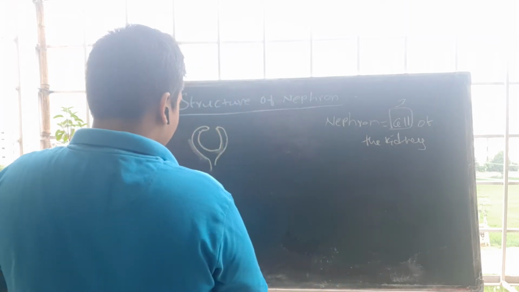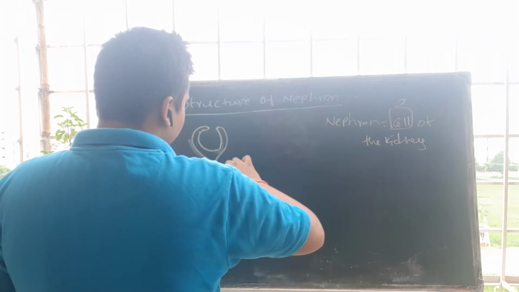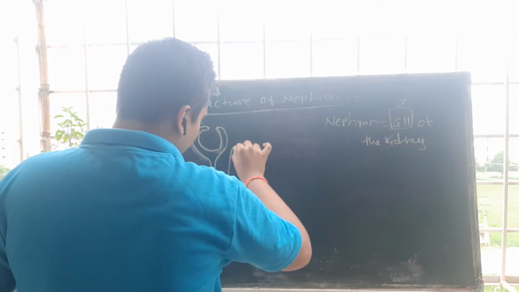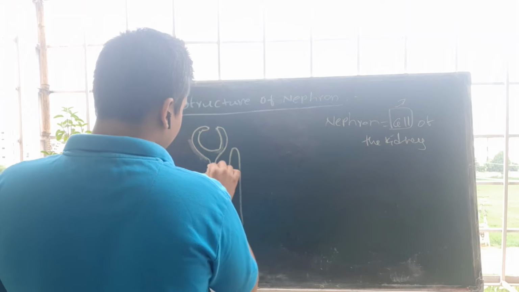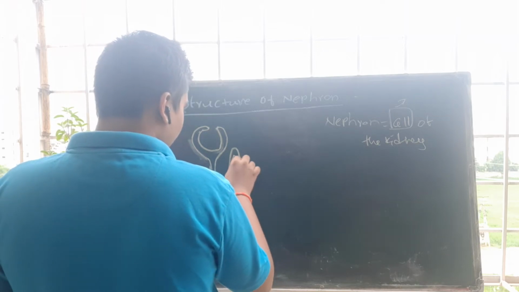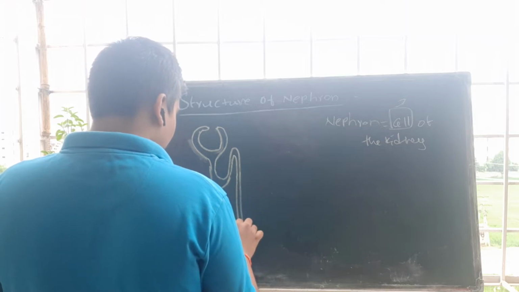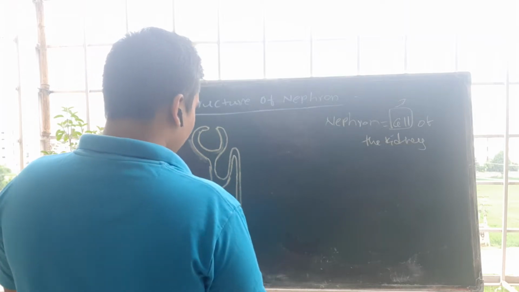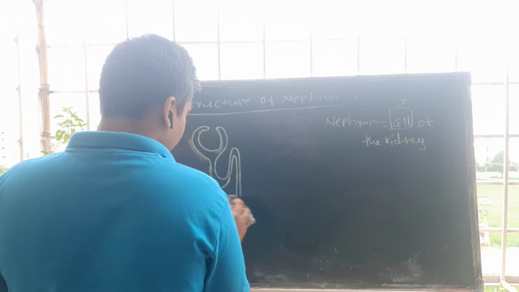Now just make a loop here and then down. Your NCERT diagram consists of the peritubular net, which may confuse you, so I am not drawing it here.